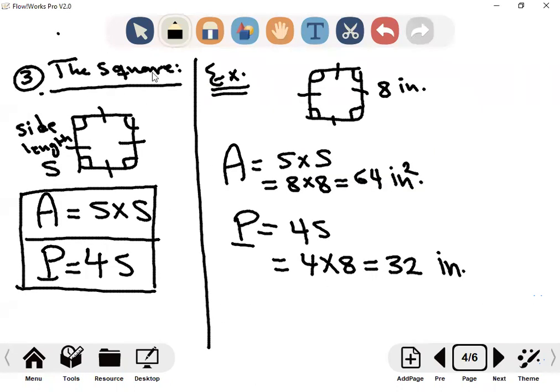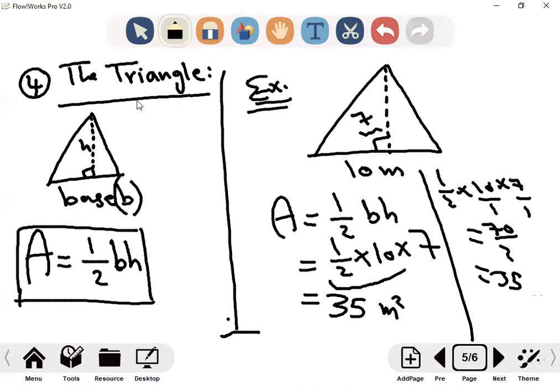Third is the square. In the square we have S. A equal S by S, P equal 4S. Fourth, we have the triangle. We have base and height. The area is half base multiply height. Don't forget that.